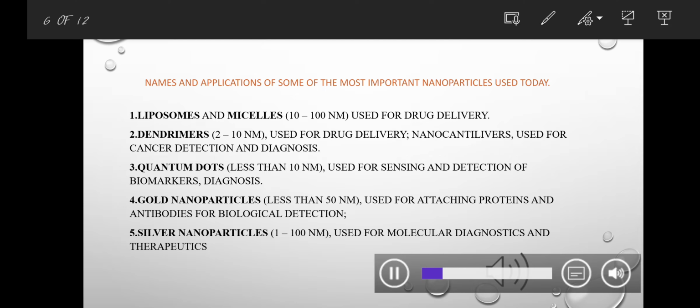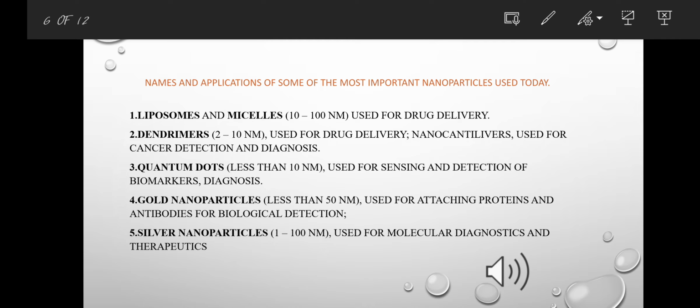They are liposomes, 10 to 100 nanometers, used for drug delivery; dendrimers, 2 to 10 nanometers, used for drug delivery; nanocantilevers used for cancer detection and diagnosis; quantum dots, less than 10 nanometers, used for sensing and detection of biomarkers and diagnosis; gold nanoparticles, less than 50 nanometers, used for attaching proteins and antibodies for biological detection; silver nanoparticles, ranging from 1 to 100 nanometers, used for molecular dynamics and therapeutics.